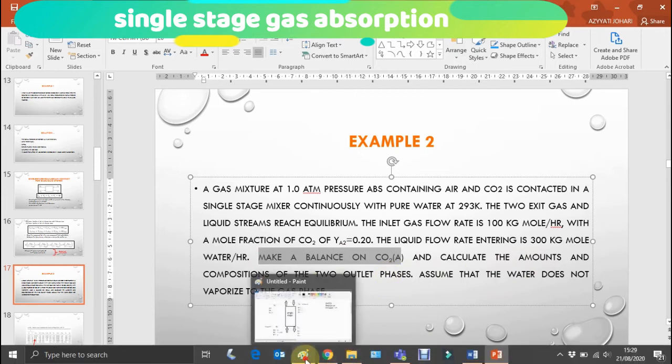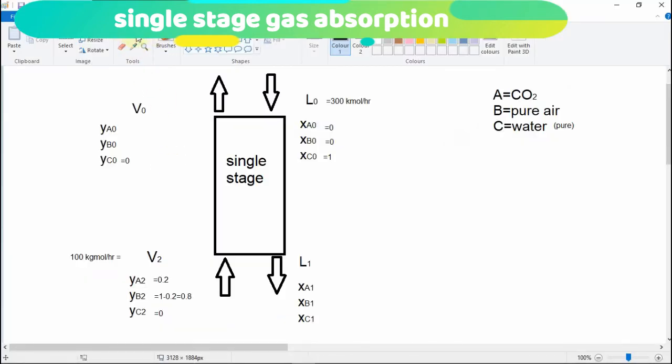The outlet phases refer to V naught and L1, and the composition of the outlet phases refers to YA naught and XA1. So the question aims to ask you for V naught, L1, YA naught and XA1.